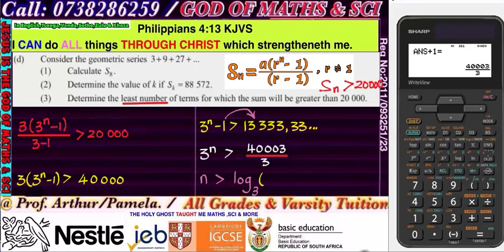The number will be 40,003 divided by 3. Of course, I could have rounded it off, but I don't like to round off somewhere in the middle. All right, so now we go to the second function, logarithm, base of 3. We go into that. I've got 40,003 there, and I can write it as over the 3 in that manner.